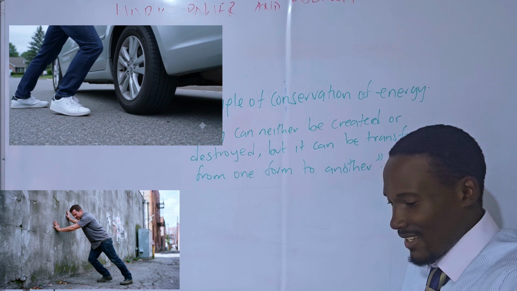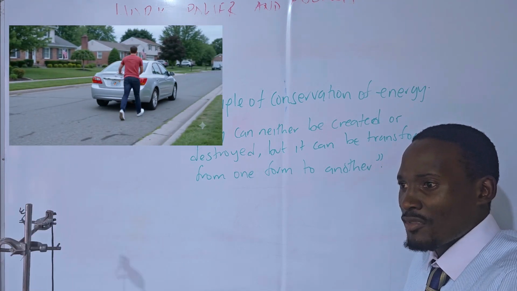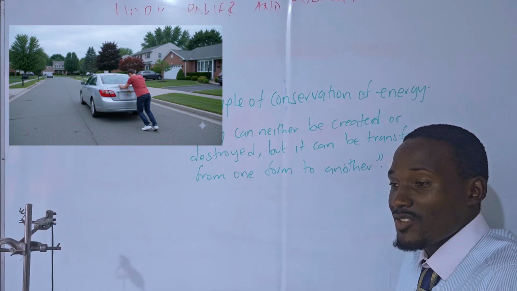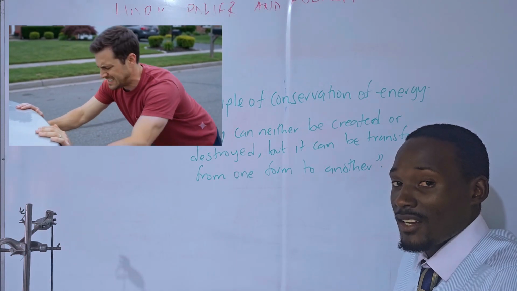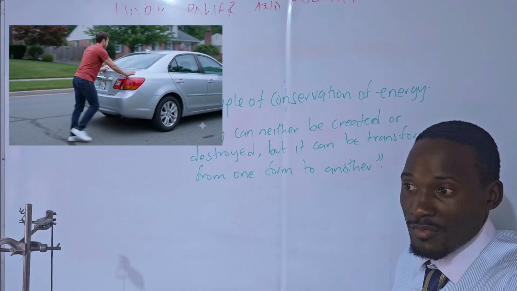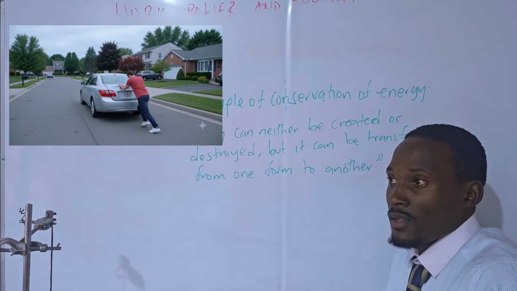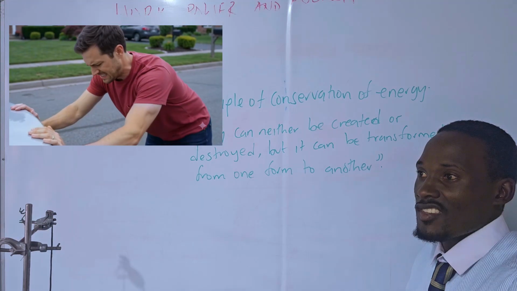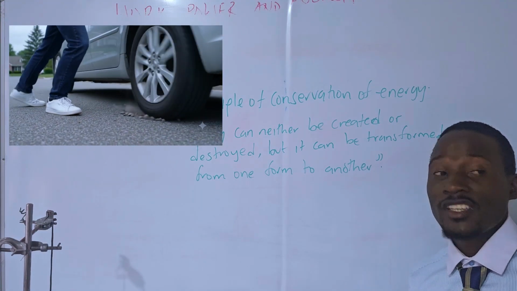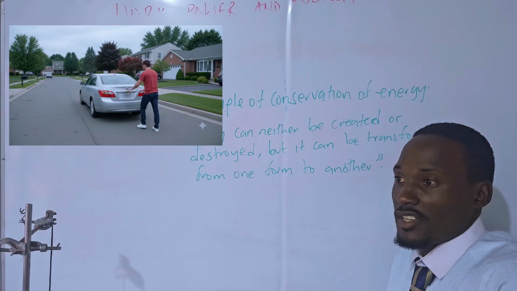So what does that tell us? As this guy was pushing the car, the chemical energy from his body was being transformed into kinetic energy of the car. So the chemical energy lost from his body was equal to the kinetic energy gained by the car. So what really happens is we keep losing one form of energy as we are gaining the other form of energy. We don't destroy energy.